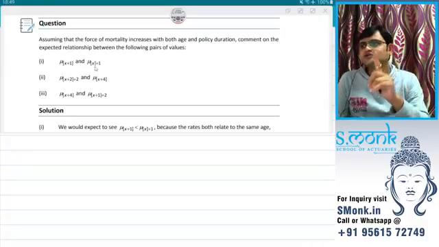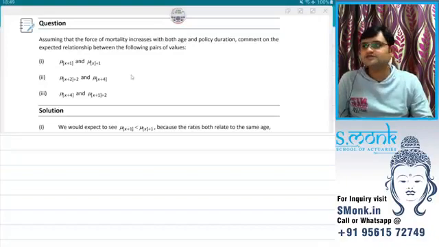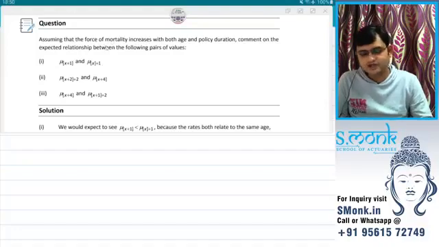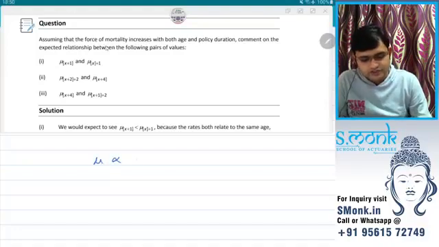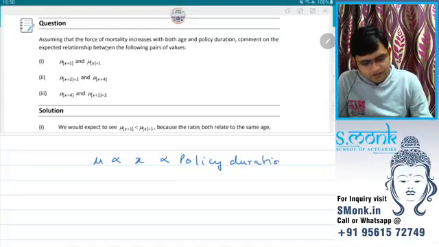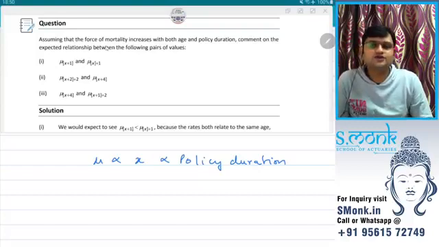There 1 year has already passed since this person took the policy. So policy duration for this is higher, therefore the force of mortality would be higher, because they have already said that our force of mortality, our mu, is proportional to x and also proportional to policy duration. So whichever has a higher policy duration will have higher mortality. So here policy duration is higher for this one, so it has a higher force of mortality.